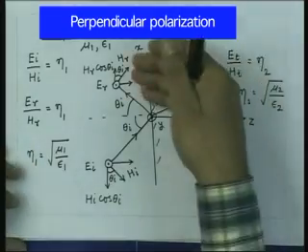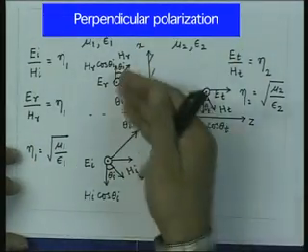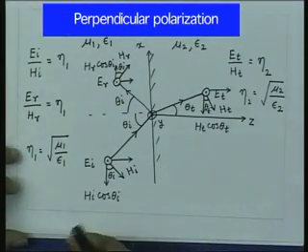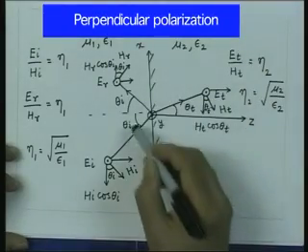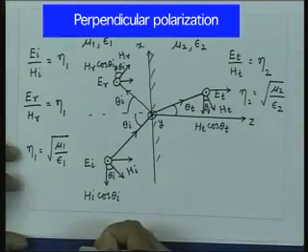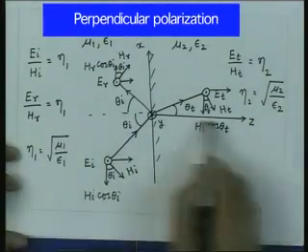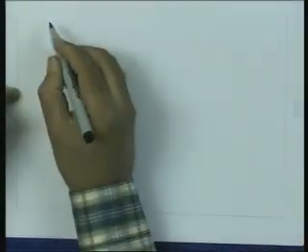Other possibilities: since we have considered these cases of perpendicular or parallel polarization, in either case, if I put theta I equal to 0, then I get the case of normal incidence.